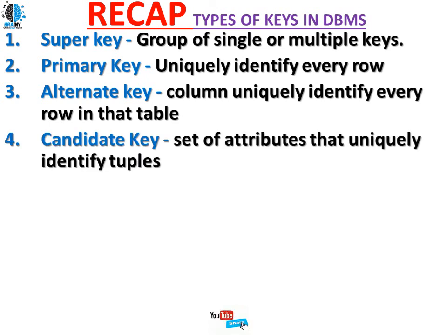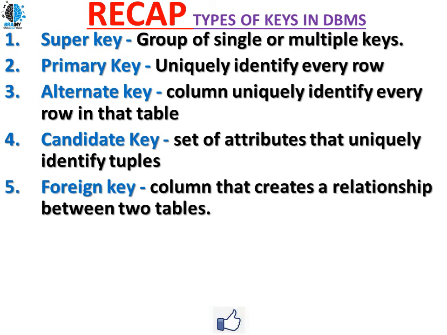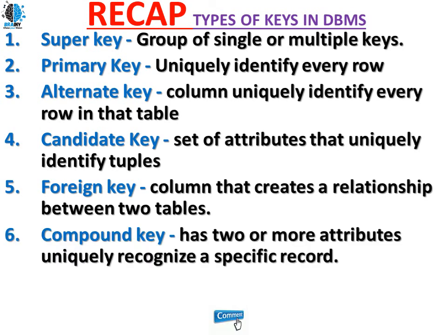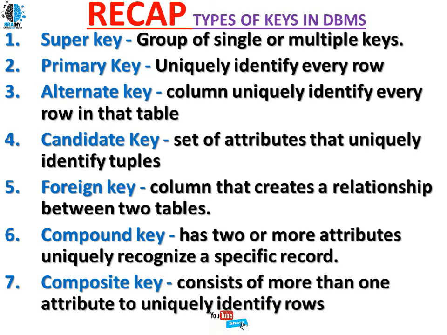Candidate key: set of attributes that uniquely identifies a tuple. Foreign key: column that creates a relationship between two or more tables. Compound key has two or more attributes that uniquely recognize a specific record. Composite key consists of more than one attribute to uniquely identify a row in a table. So this is all about the keys in a database.